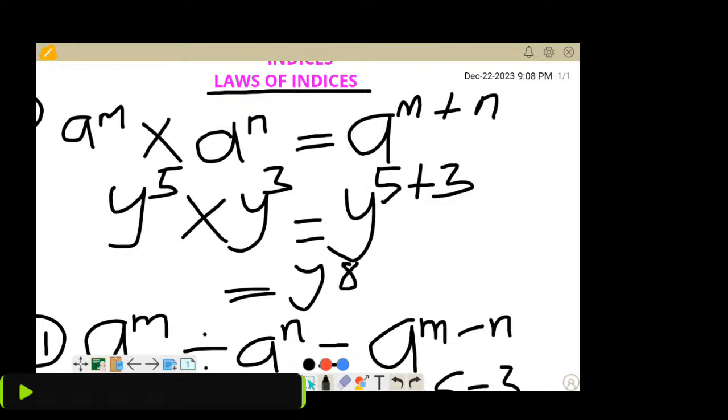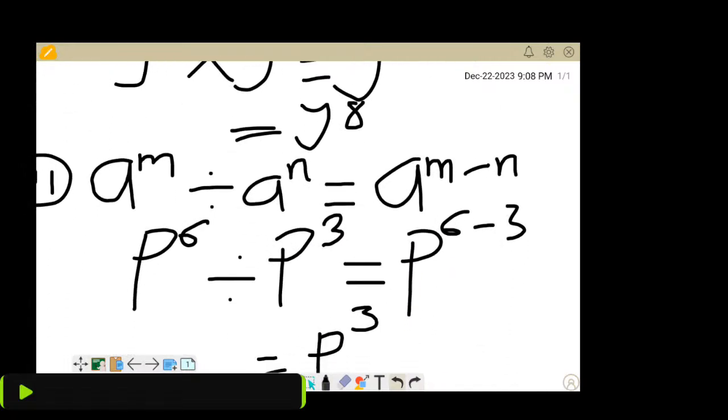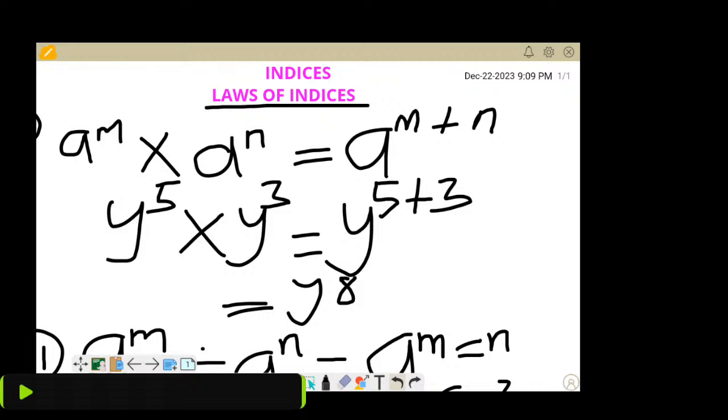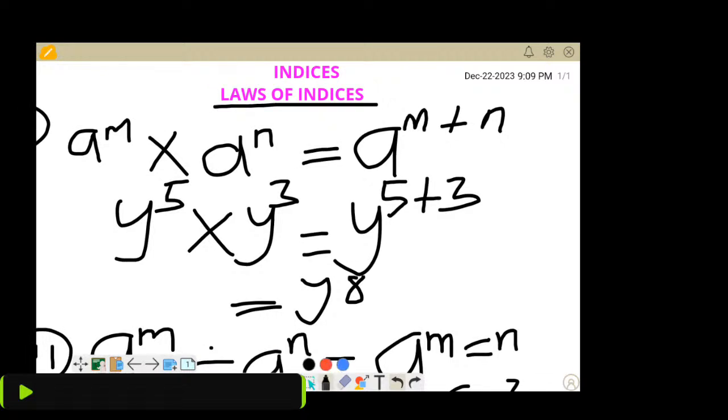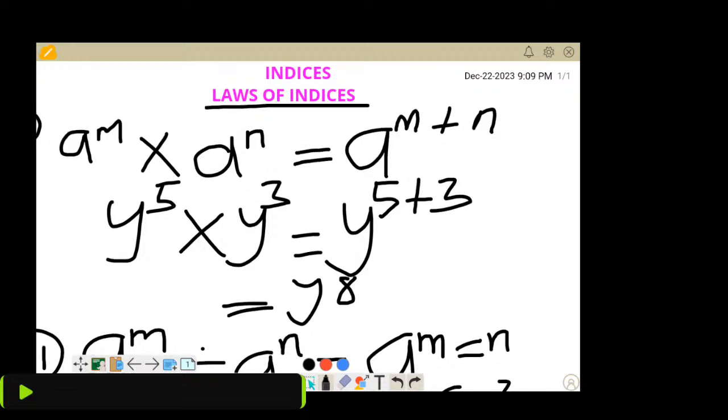That's why we resort to the addition of powers. And the second one, we have division. What this one is telling us is that when we have division, the power will be subtracted. And the first one, when we have a multiplication, the power will be added. That is the implication of this.